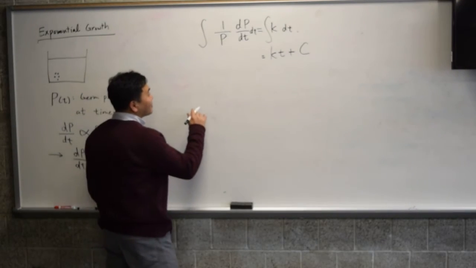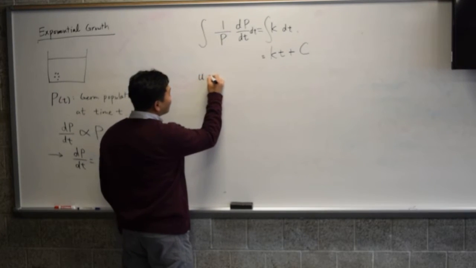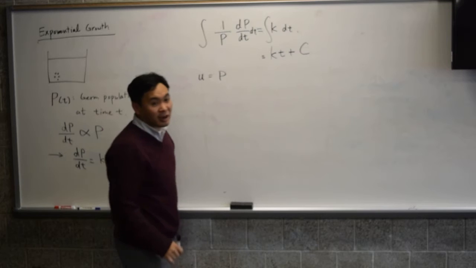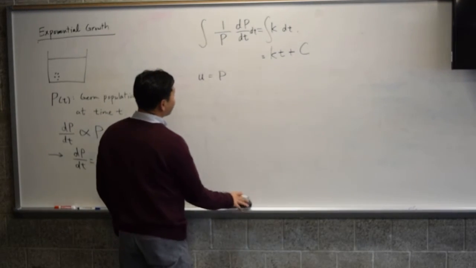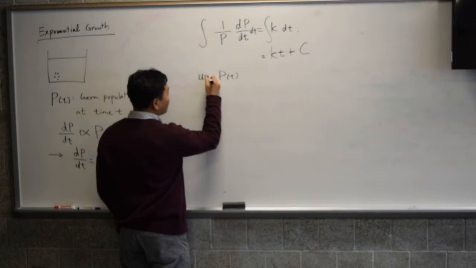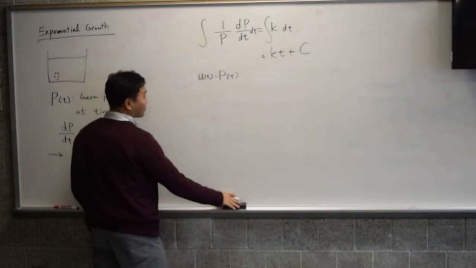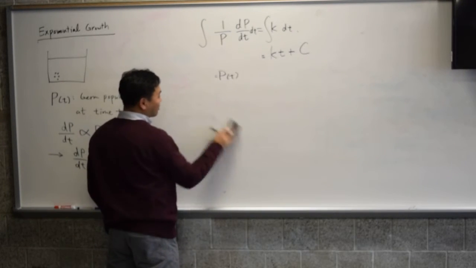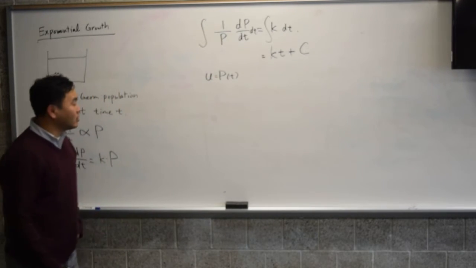Okay, so let's try this. Take u as p. I'm trying to do u substitution. Keep in mind that because p is a function of t, I'm really saying u, which is a function of t, is this function. But usually, when you do u substitution, you just use u, so I'll write it this way.